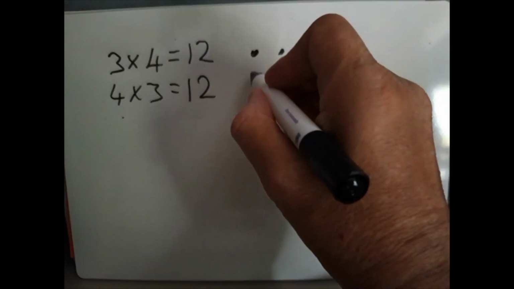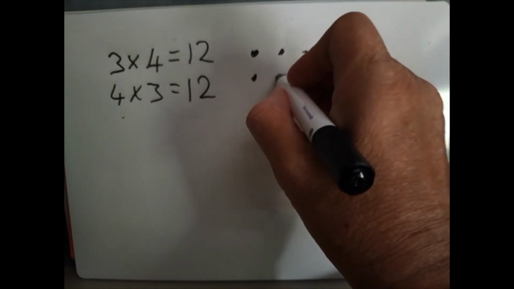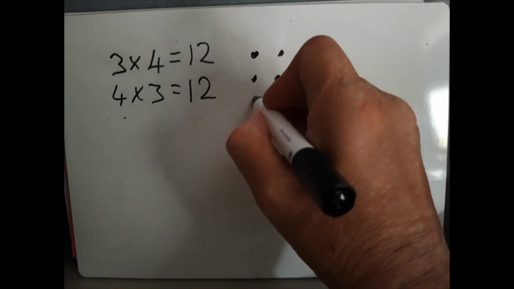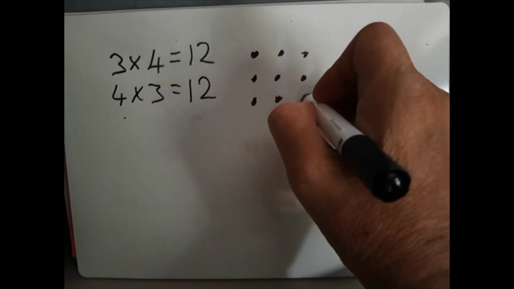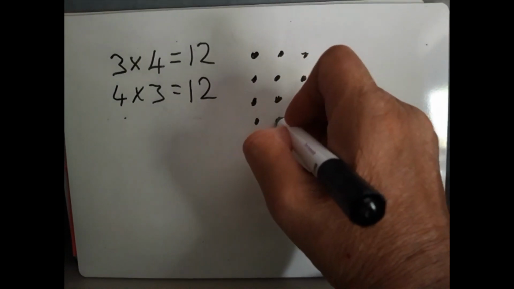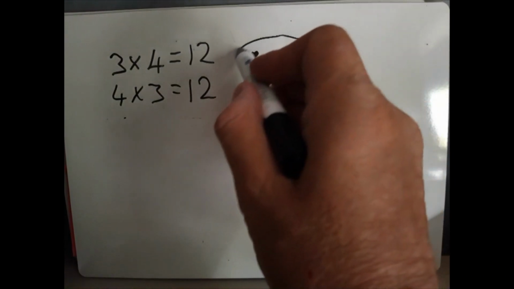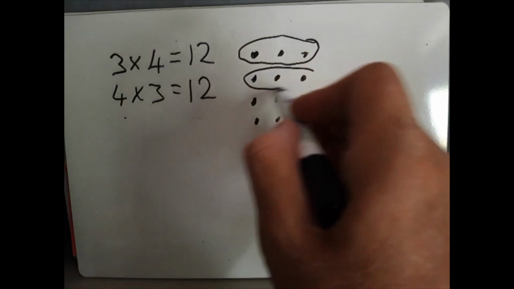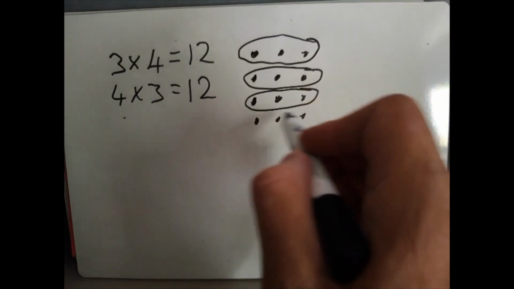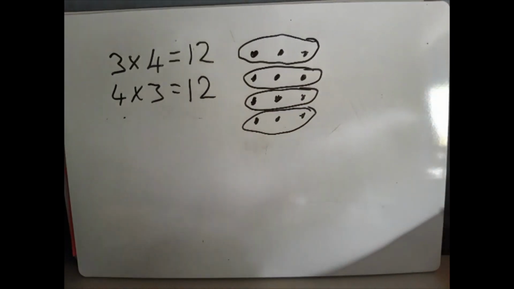So if we have 3s and we have 4 of them, there's another 3, and there's another 3, and there's another 3. So I have got 4 sets of 3. Look, there they are. There's 1, there's 2, there's 3, there's 4. So we have 4 sets of 3.